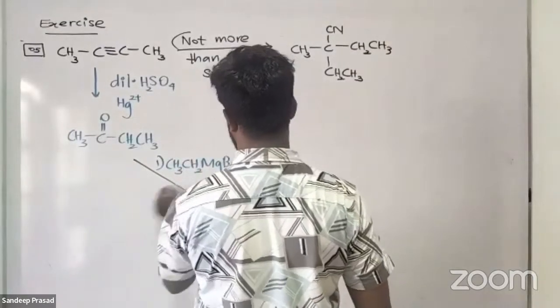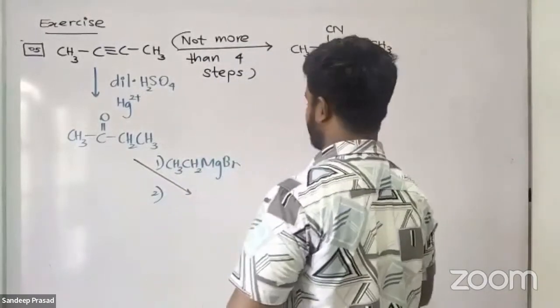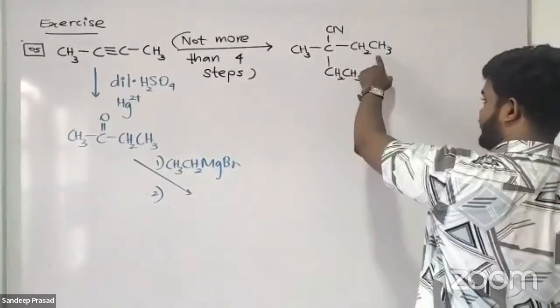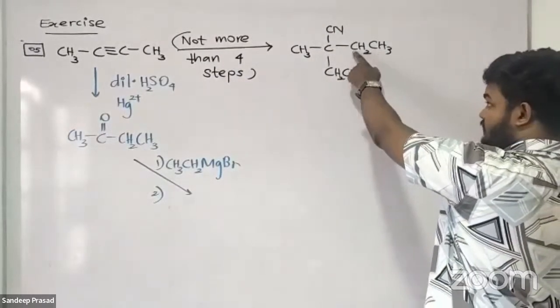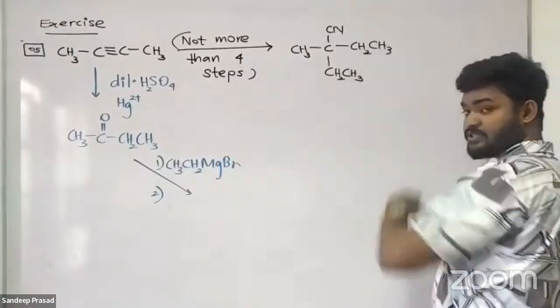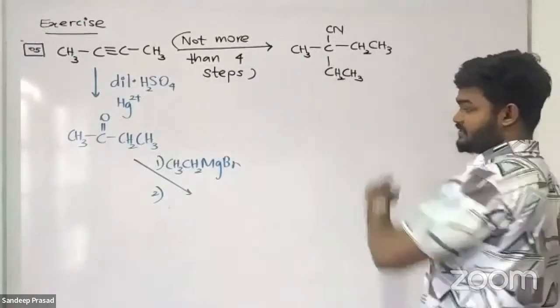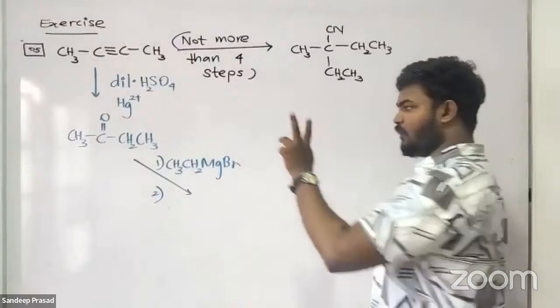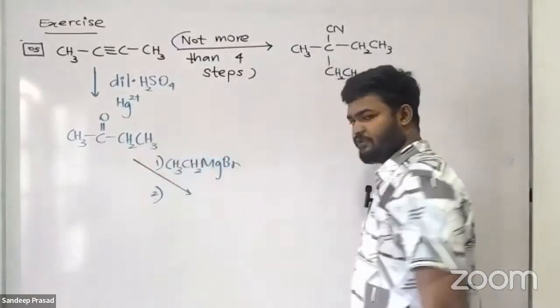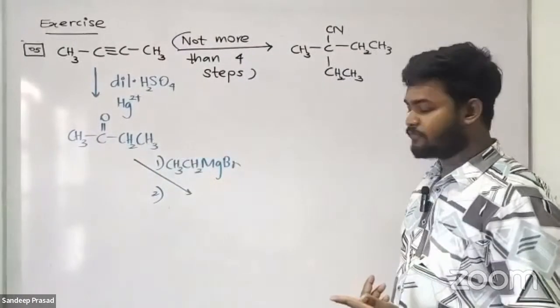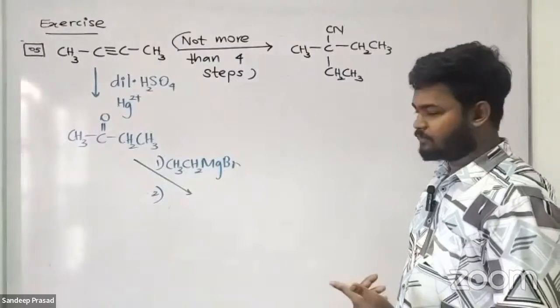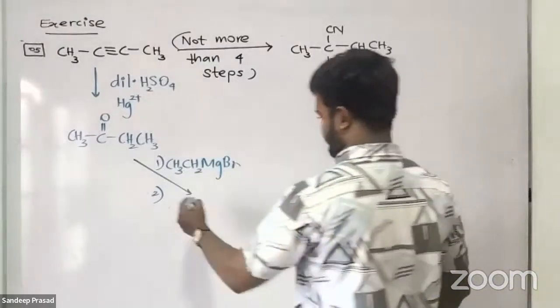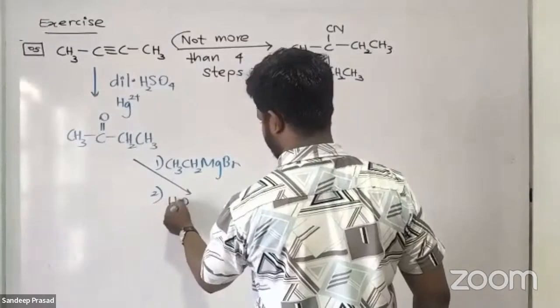Look at this decision. Why did I make this decision? Because you can see that in the final product, there are 2 ethyl groups. Already we have an ethyl group. So if you want another ethyl group, we can put its Grignard reagent in the presence of H3O+.